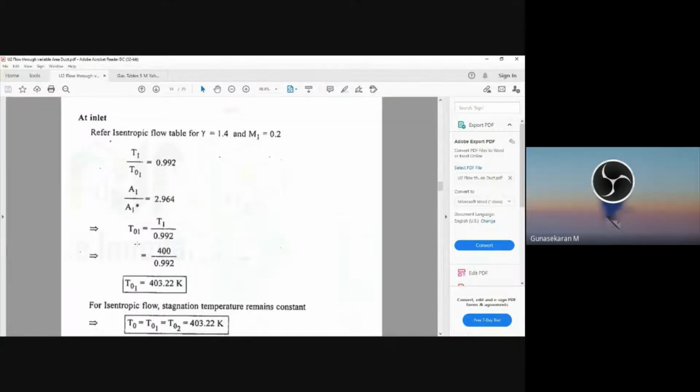Then from this ratio, find out what T naught 1 is and what A1 or A1 by A1 star is. Find out T naught 1 from this, and once you know T naught 1, for isentropic flow it is clear that the stagnation temperature will remain constant. What is meant by stagnation condition?